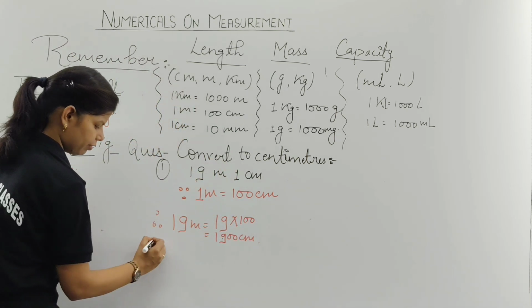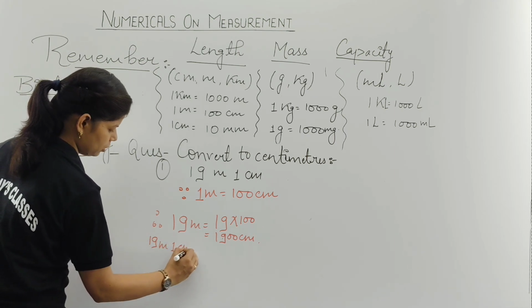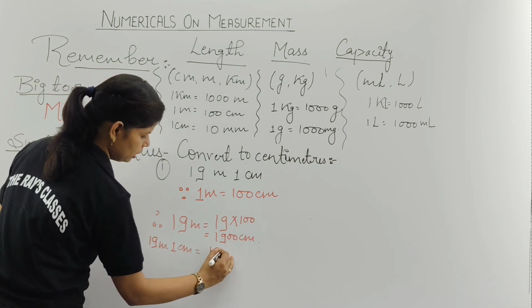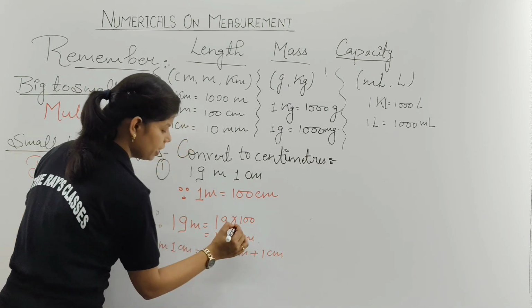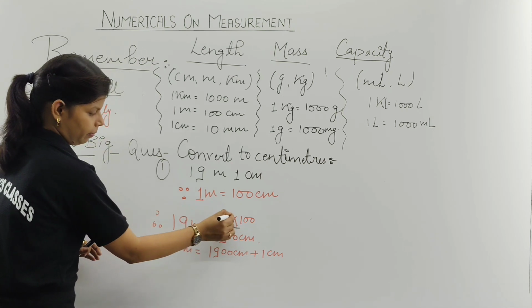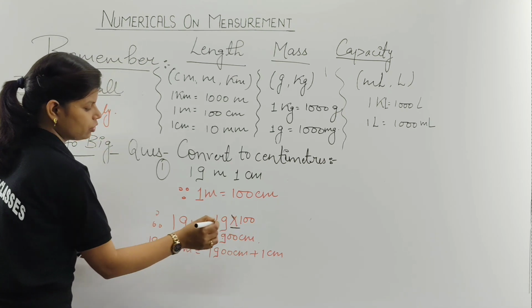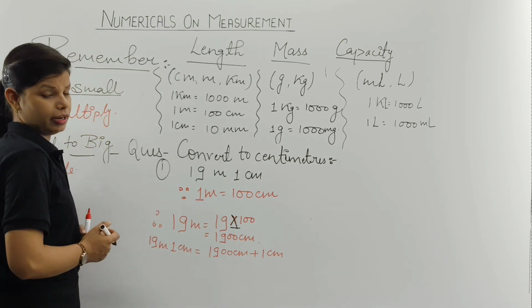Do you get my point? At the last, 19 meter 1 centimeter equals 1900 centimeter plus 1 centimeter. Here I have used the operation multiply, you can notice. As you are at the beginning age of your learning, every step is very important.